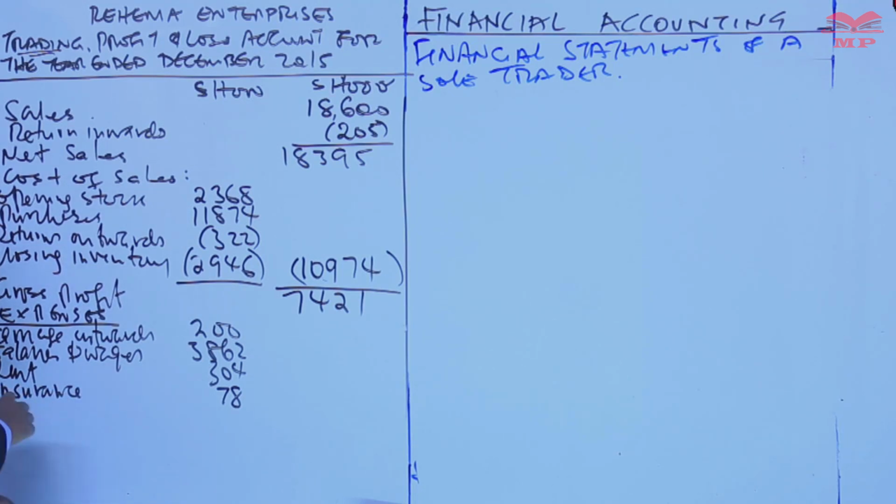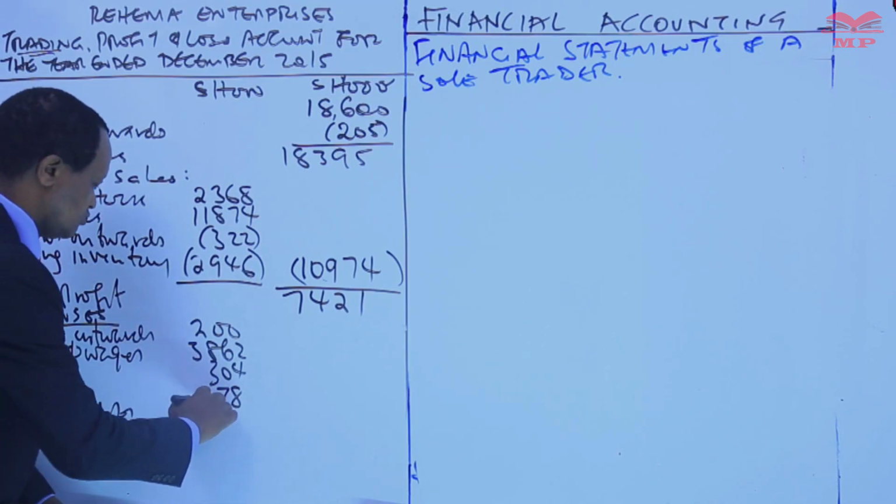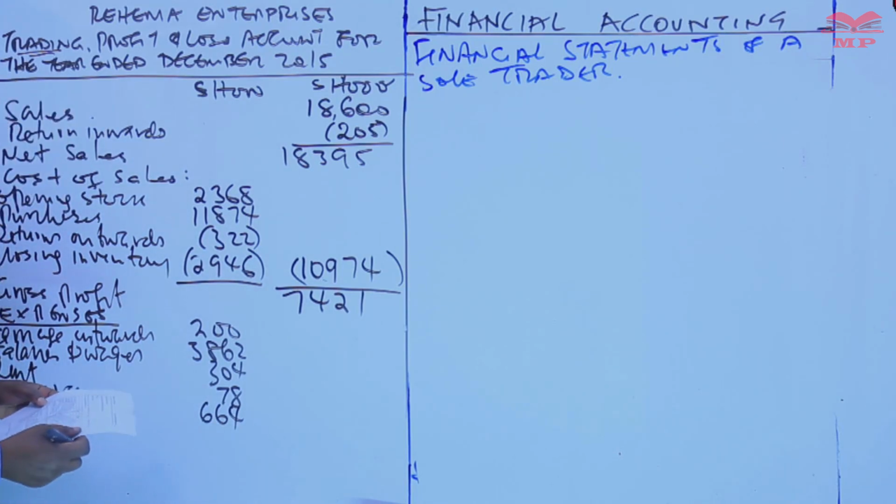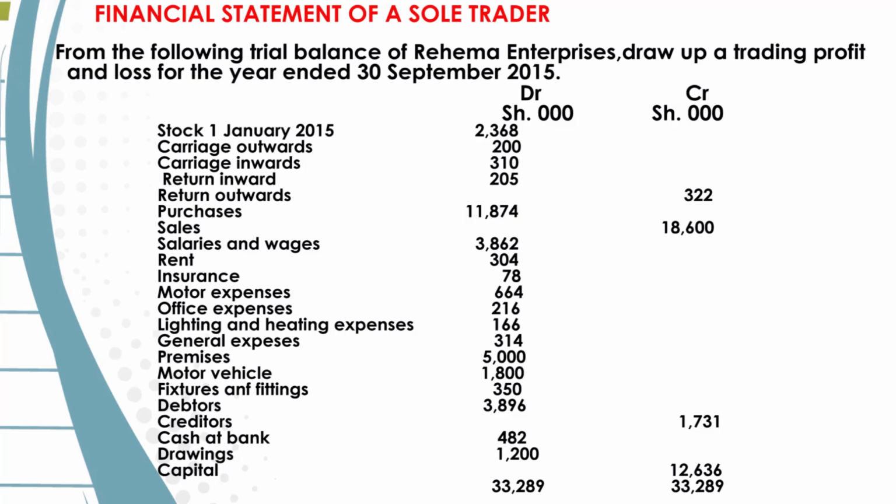Motor expenses, 664. To motor expenses, we add the office expenses. Office expenses, 216. The next expense there is lighting and heating.